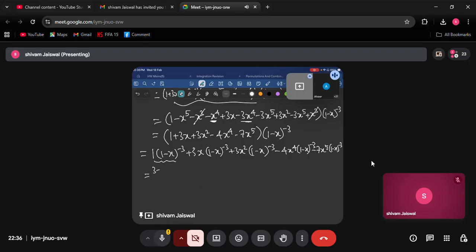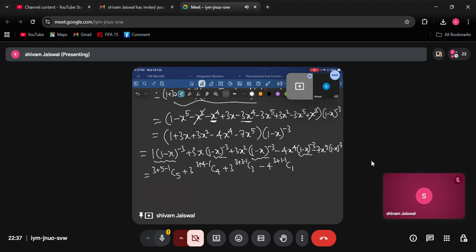That will be 3 plus 5 minus 1, C5. Plus 3 into, over here we need the coefficient of x to the power 4, so 3 plus 4 minus 1, C4. Plus 3 into, we need the coefficient of x cube, so 3 plus 3 minus 1, C3. Minus 4 into, over here we need the coefficient of x, so 3 plus 1 minus 1, C1. Only the coefficient of x is required.